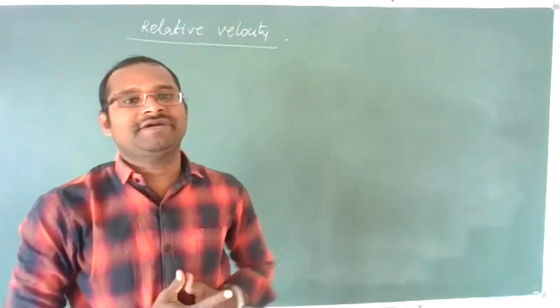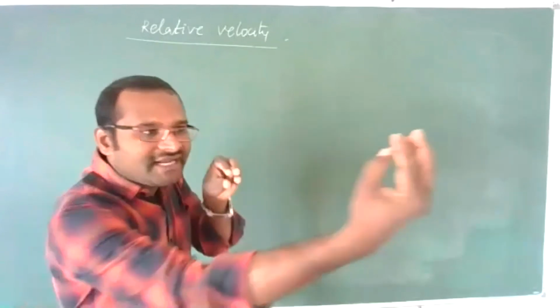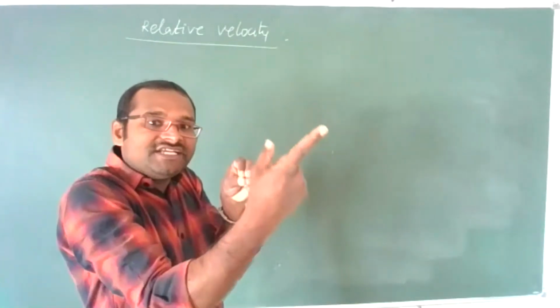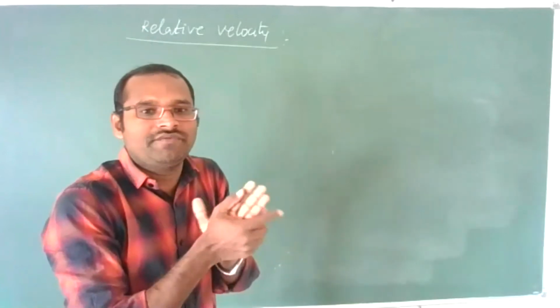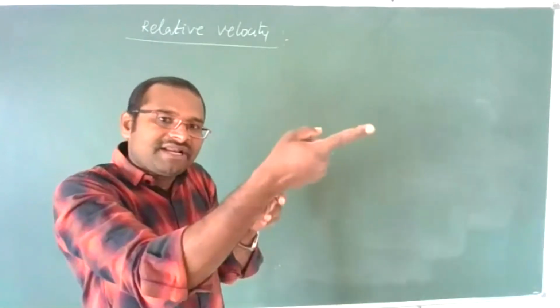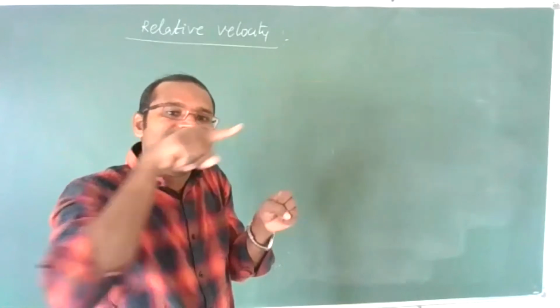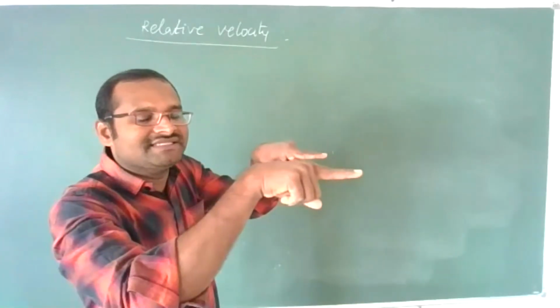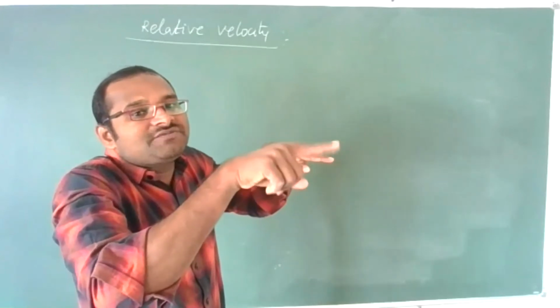So that is the concept of relative velocity. If a train moves opposite to you, you will feel that train is moving with a large velocity. Whereas the same train with the same speed, if it moves along with you in the same direction, you will feel that its speed is somewhat less.